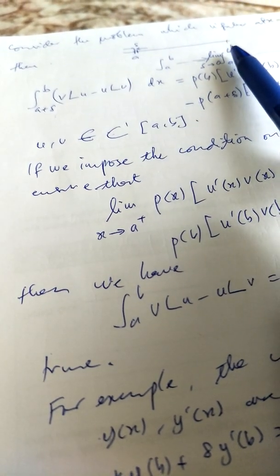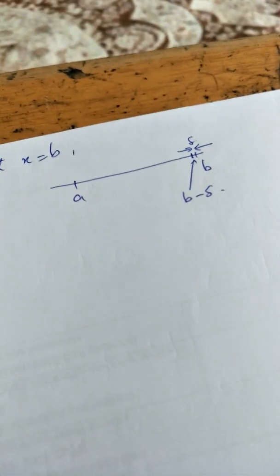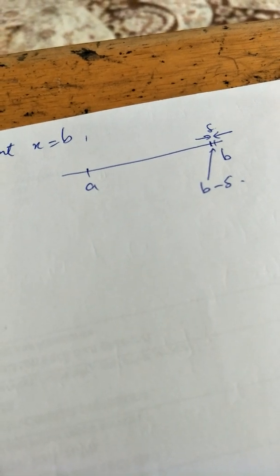So what if the singular point is at point b? For the case of singular at x equal to b, now we consider the interval a, b minus delta.